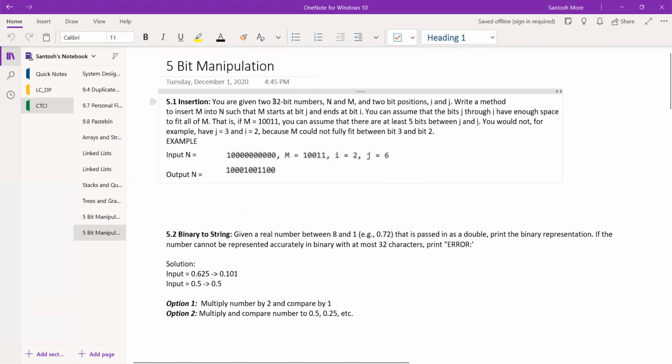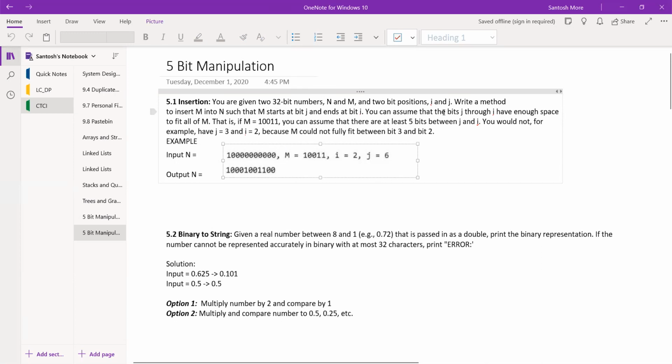You are given two 32-bit integers, n and m, and two bit positions, I and j. Write a method to insert m into n such that m starts at j and ends at bit I.